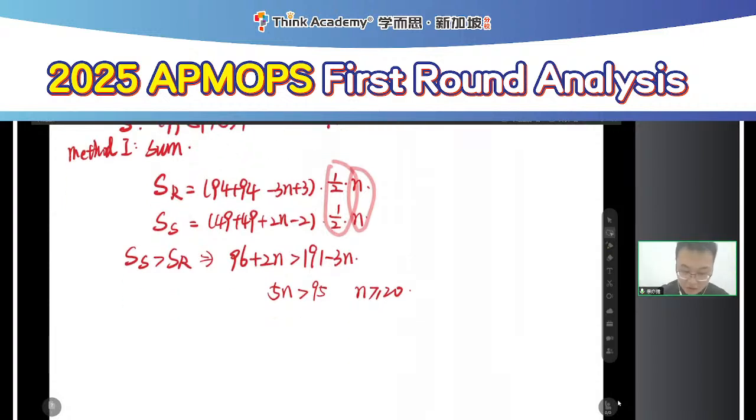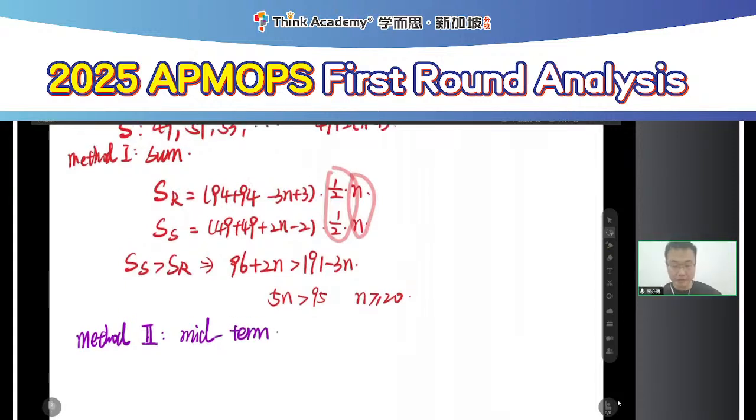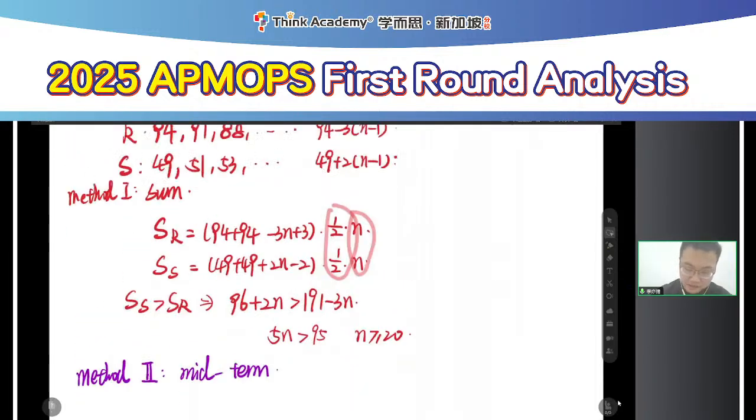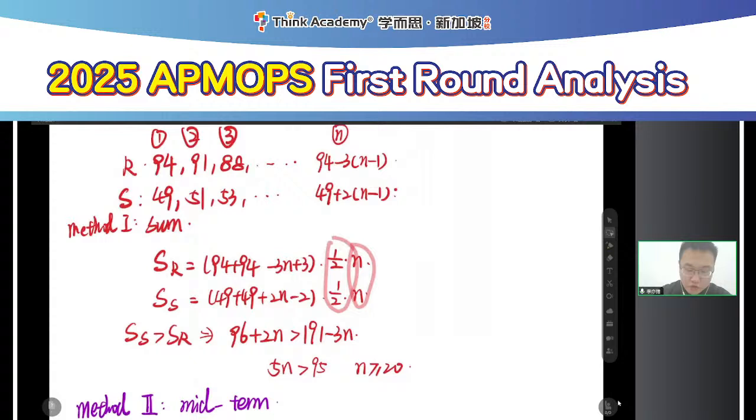But then we have method 2. Method 2 is to use the midterm instead. I think the midterm will be faster for you to find the answer. We should notice that the rat decreased by 3 and the squirrel increased by 2. So each time their difference will reduce by 5, 5, 5, 5.